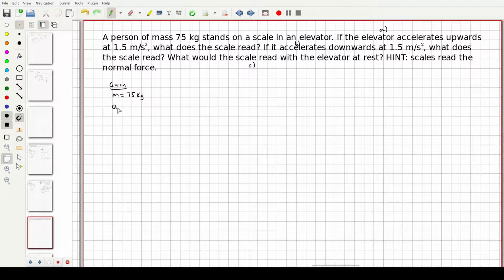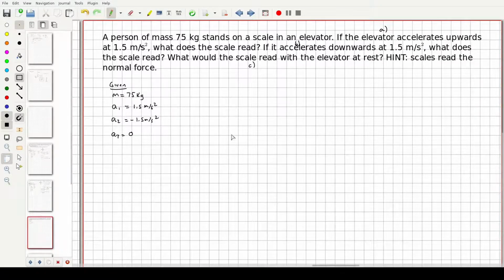The acceleration for the first part says upwards. I'm going to call upwards positive 1.5 meters per second squared. The second one says downwards, so I'm going to call downwards negative 1.5 meters per second squared. For the third one, part C, it's at rest, and if it's at rest, that means the net acceleration is going to be 0. That's what I'm looking at, the net acceleration here.